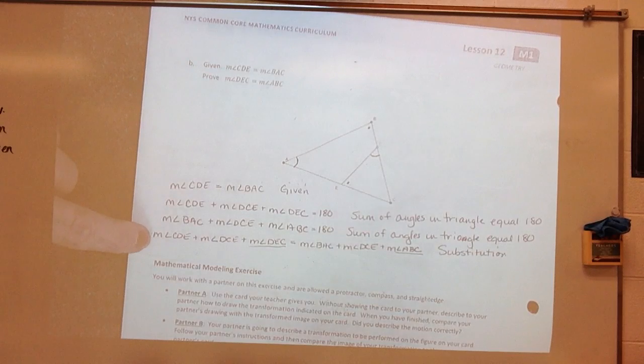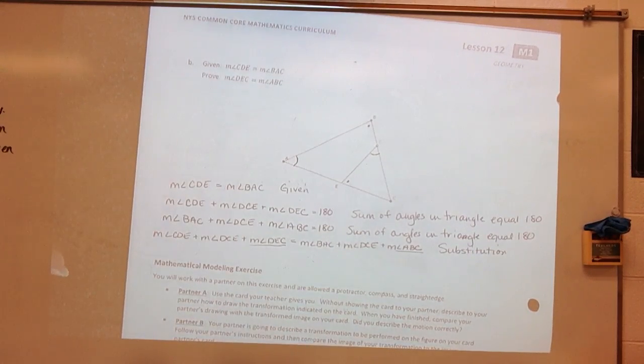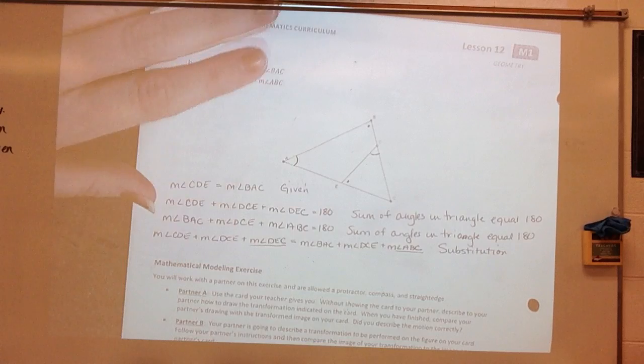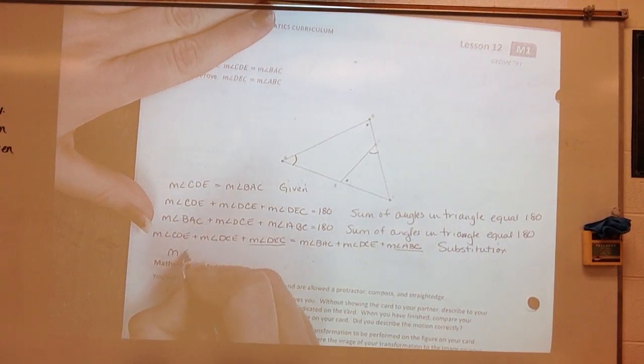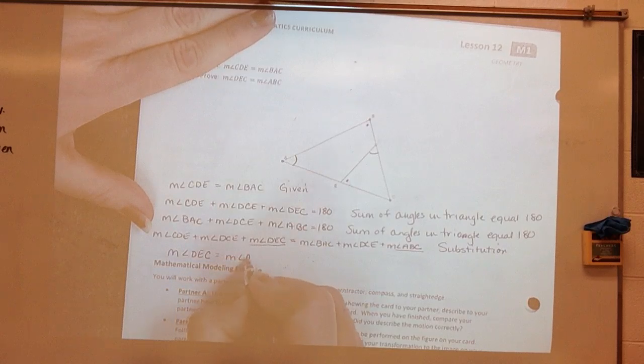So that means I need to figure out how to get rid of some of this. So I can do some subtraction here. And if I do subtraction property, then I can prove that my angles are equal.